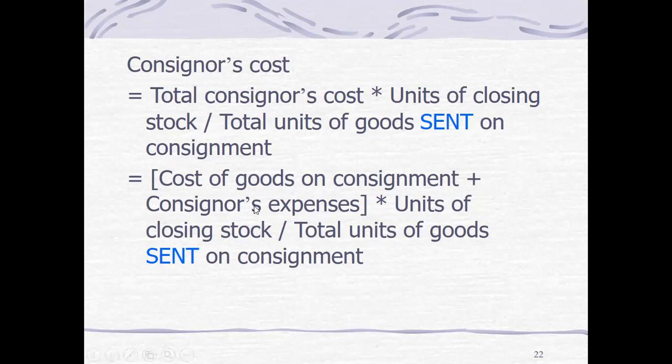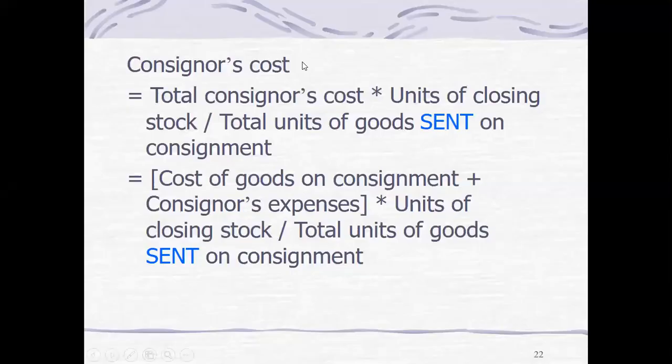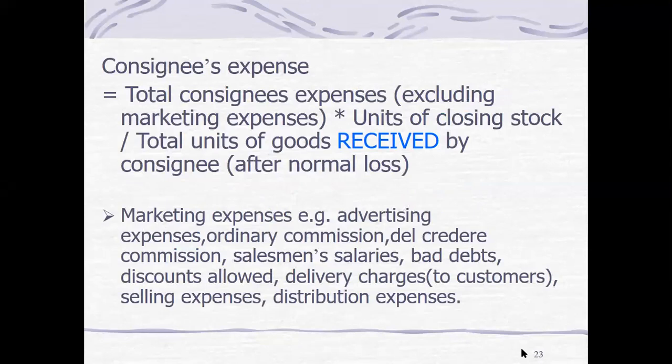Then we can further break down the total consignor's cost as the sum of the cost of goods on consignment plus the consignor's expenses, which are directly attributable to the cost of the product, multiplied by that same percentage, 40% as in our example. Then for the consignee's expenses, we have to exclude marketing expenses because these are period costs which would benefit only one accounting period and not the next.